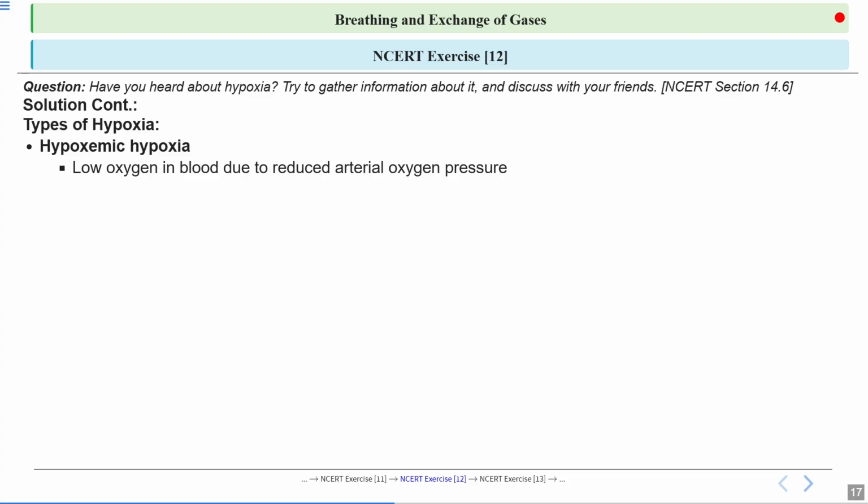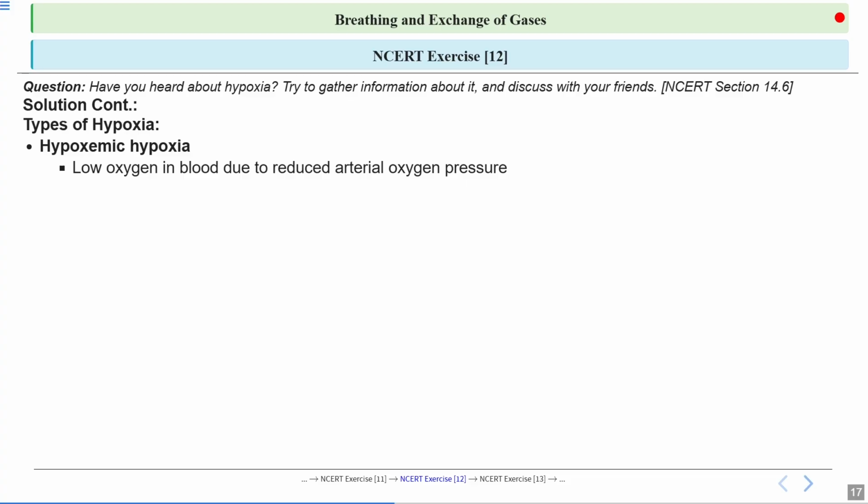Oxygen is in adequate amount, but the arterial oxygen pressure is less. Your heart is not functioning properly at that time, so the arterial oxygen pressure gets reduced. This condition is called hypoxemic hypoxia.